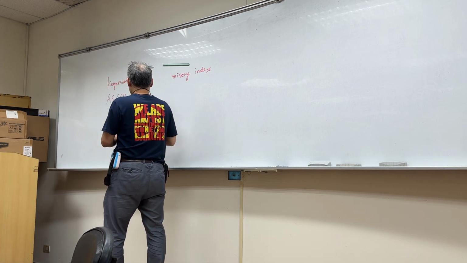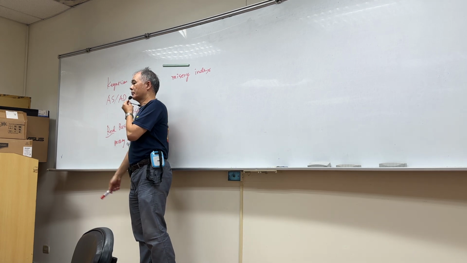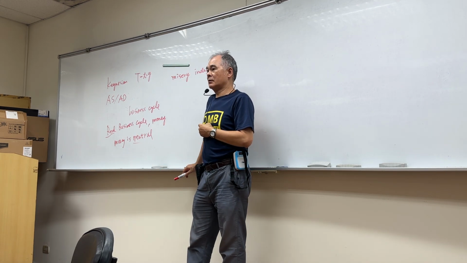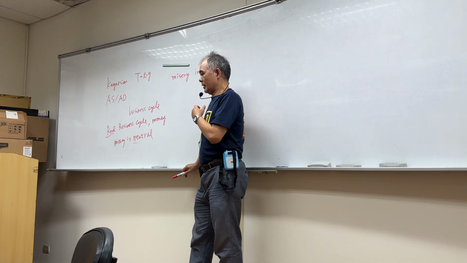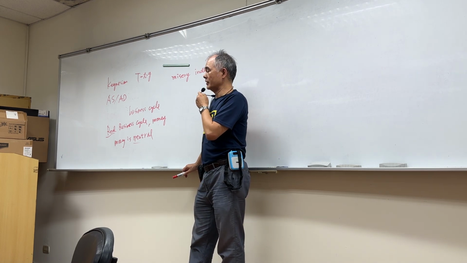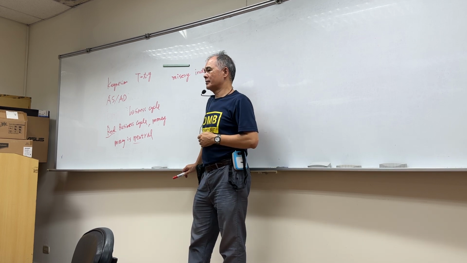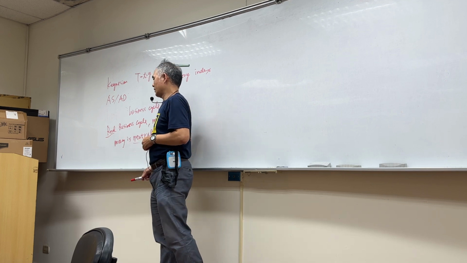the AD-AS model. AS, aggregate supply. AD, aggregate demand. And for business cycle, we discussed it a little bit before the midterm, and now we're going to get to the heart of it. In the book, it emphasizes the concept of real business cycle.